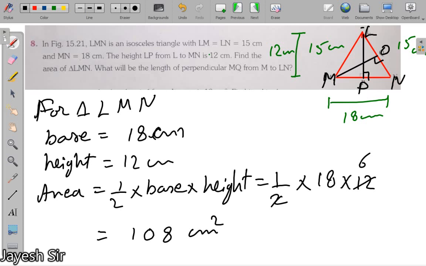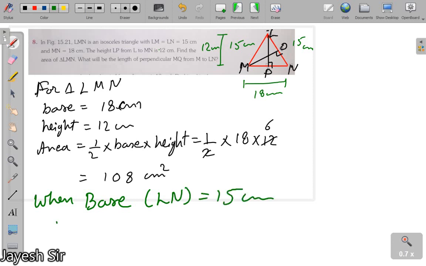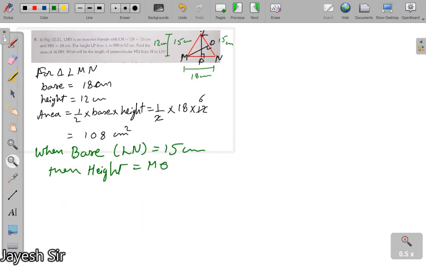Now if we take the base as LN, the height will be MO. So we'll say when base LN is equal to 15 centimeter, then height is equal to MO. Now using this concept we will determine the length of MO.